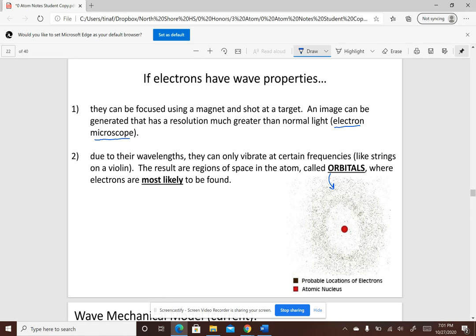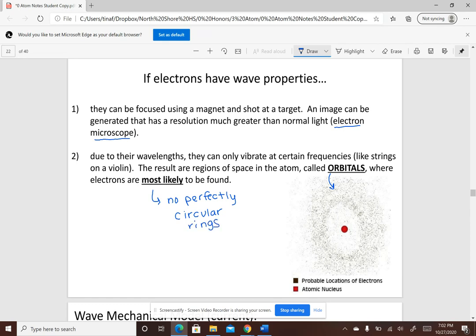Orbitals is a really important word for you to know. So it's important to note here that no perfectly circular rings were thought to be the case anymore.